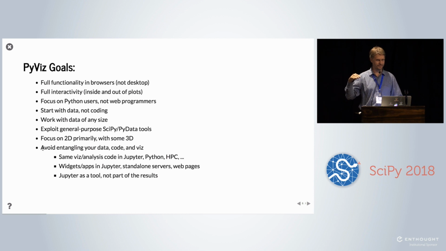Hopefully that'll make sense. We want to make sure that when you write something today, you can run on a supercomputer tomorrow, whether or not it has a GUI, whether or not it supports any form of web anything, and keep what you've written separate from any of these other technologies.